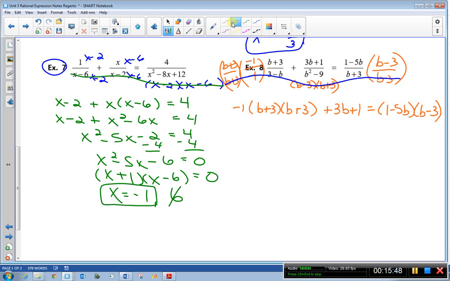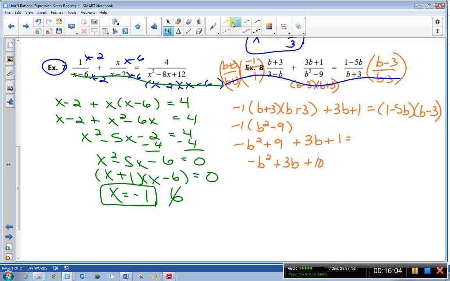So this is going to be negative 1 times b squared minus 9, which is negative b squared plus 9, plus 3b plus 1. So this becomes negative b squared plus 3b plus 10.